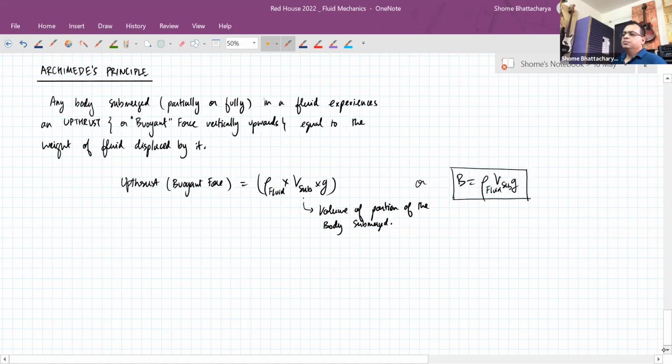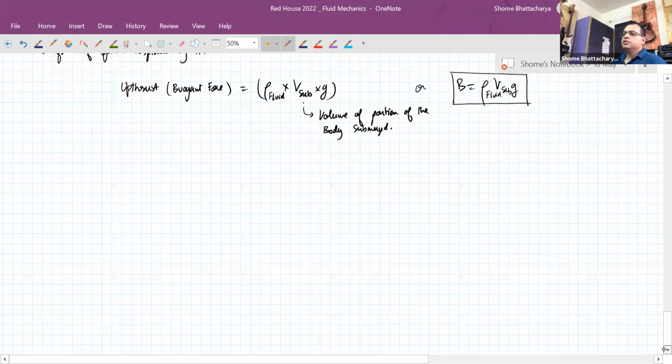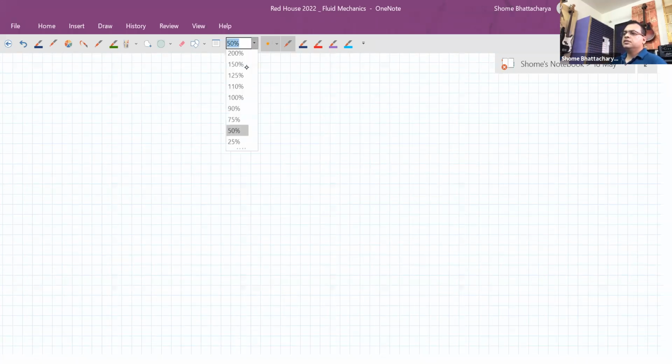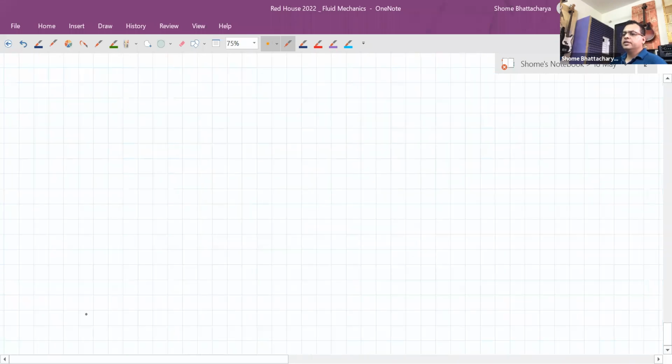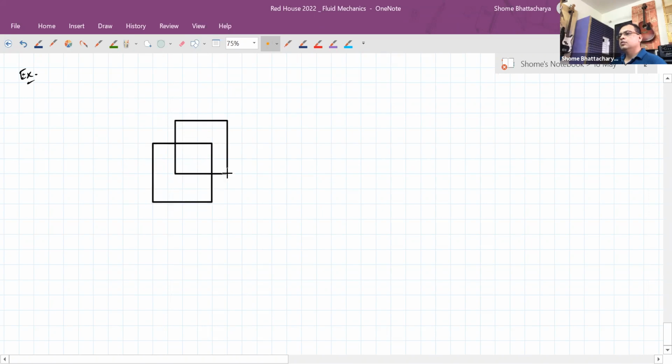Okay, now a simple proof of this can be understood if we just apply this concept of pressure gradient and the force due to pressure on a rather symmetrically shaped body. So for example, I have a situation where, let's say, I've taken a solid cubical metallic block, and I have kept this completely submerged inside water by suspending it using a thread or something.